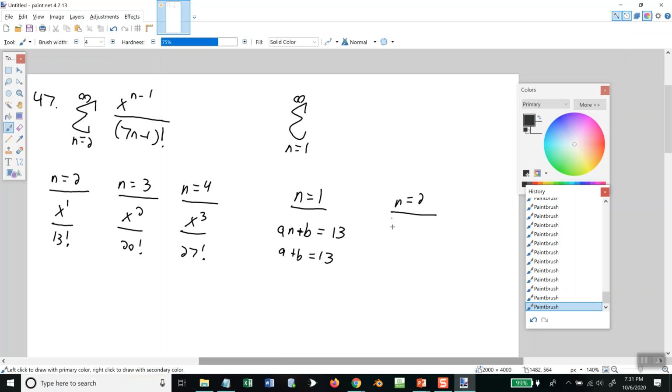Now for n equals 2, I'm going to have the same a and the same b. But now this should give me 20. If I plug 2 in for the n, I'm going to have 2a plus b equals 20. Okay, so now I can solve this system of equations. So a plus b is equal to 13, and 2a plus b is equal to 20.